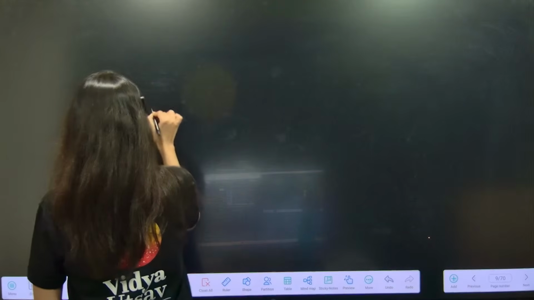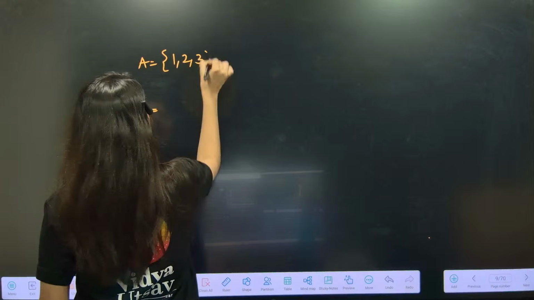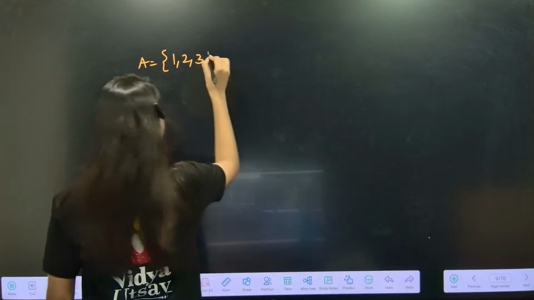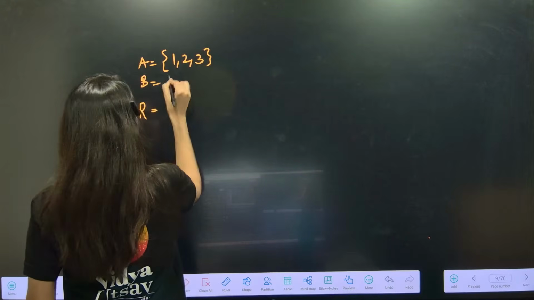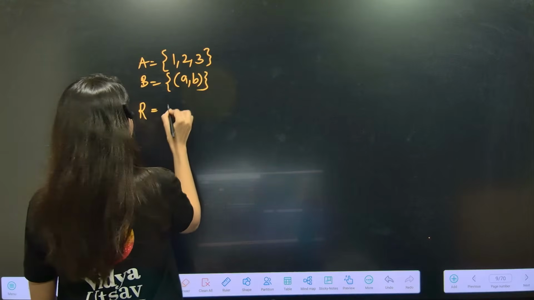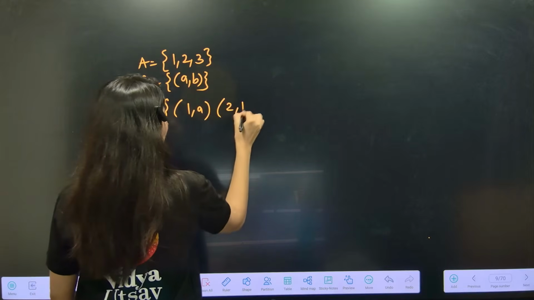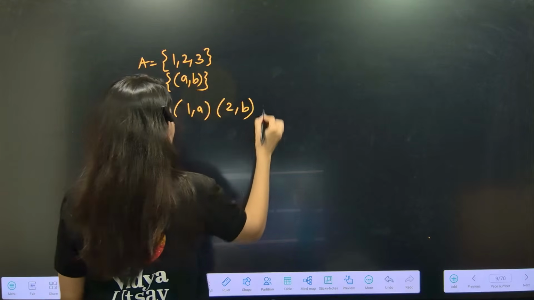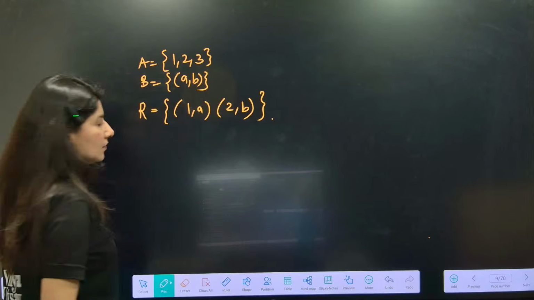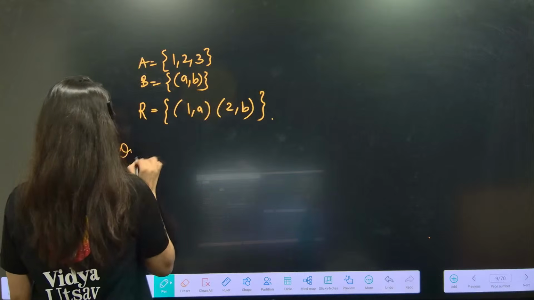A set is given, which is 1, 2, 3, and B set is given, which is A, B. And you have a relation given, which is (1, A), (2, B), and that's it.